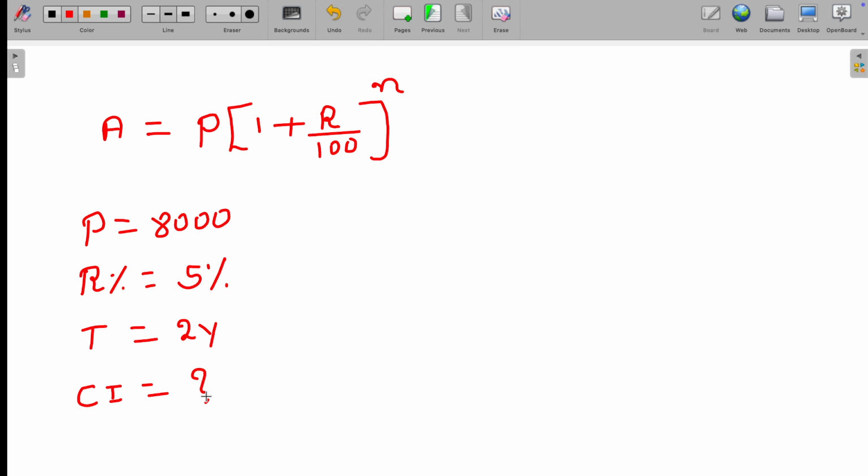Then you have to find n, the number of years, the duration: 2 years.